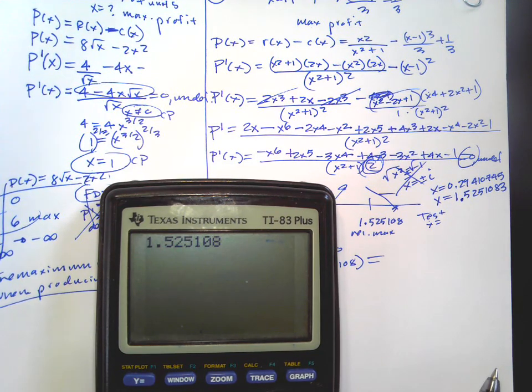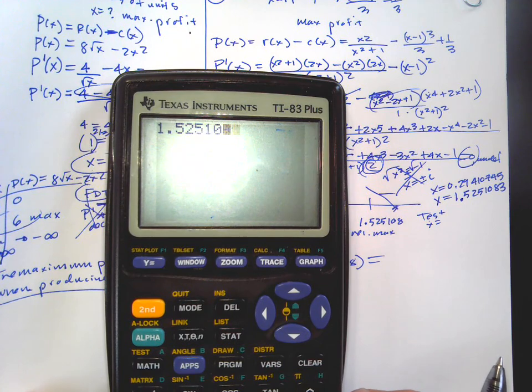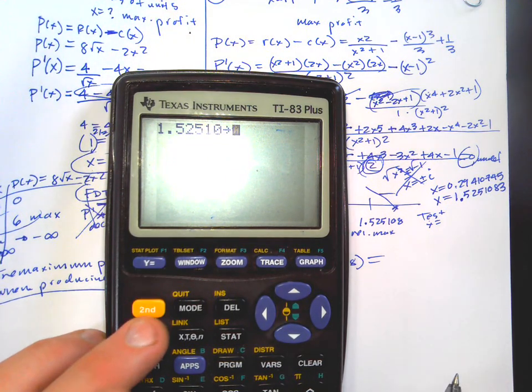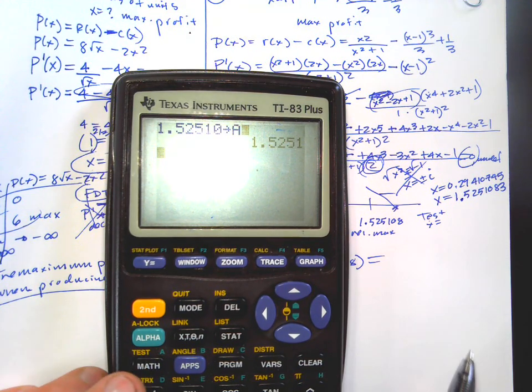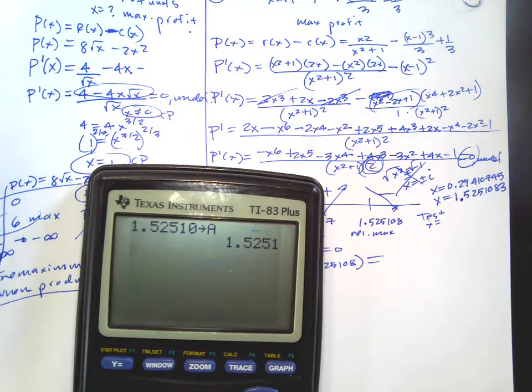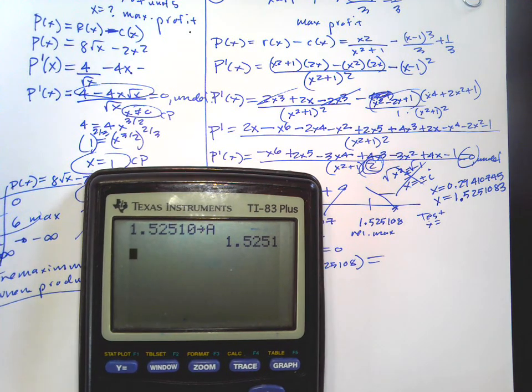Watch. Let's do a trick here. Store an alpha. We're going to store an A, so then I don't have to retype it anymore. So if I do this, let's see.